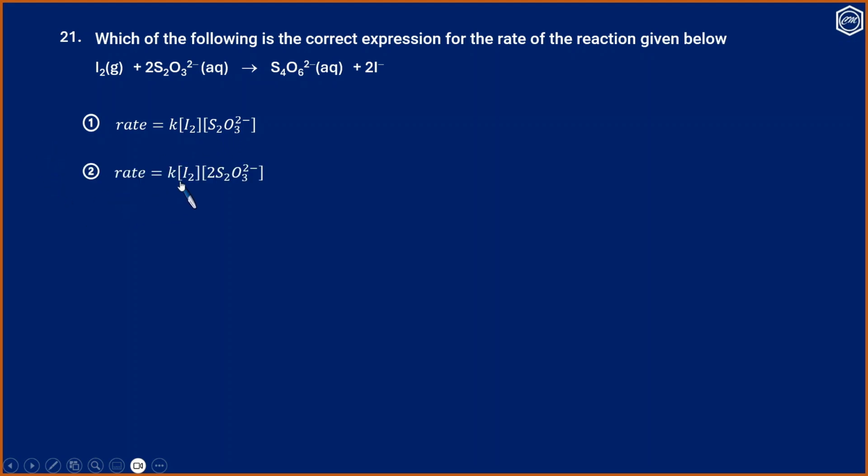Option 2, k into concentration of iodine into 2 into S₂O₃. Options 3 and 4. These are the rate law expressions for the reaction, and iodine and 2 moles of thiosulfate are there. So the correct option should be the fourth one, that is rate is equal to k into concentration of iodine into concentration of thiosulfate raised to 2. That is the correct answer.